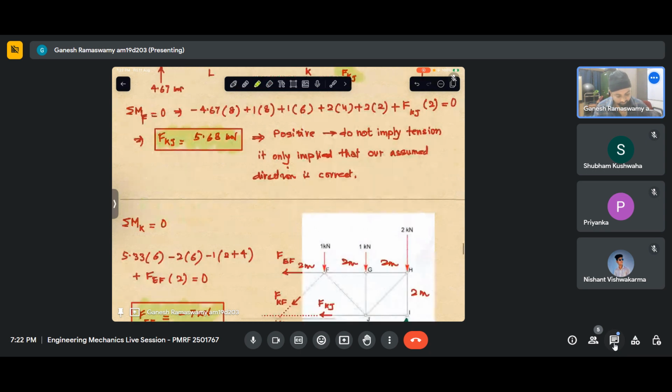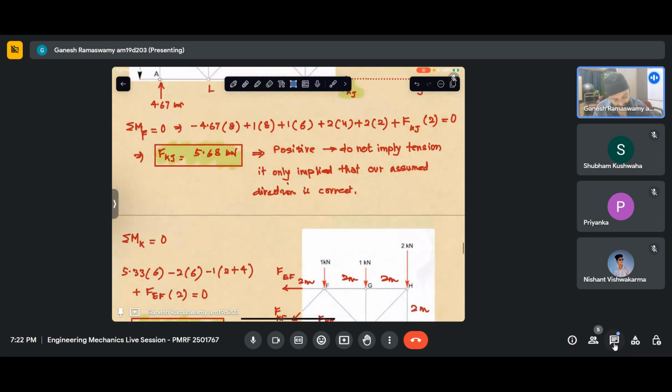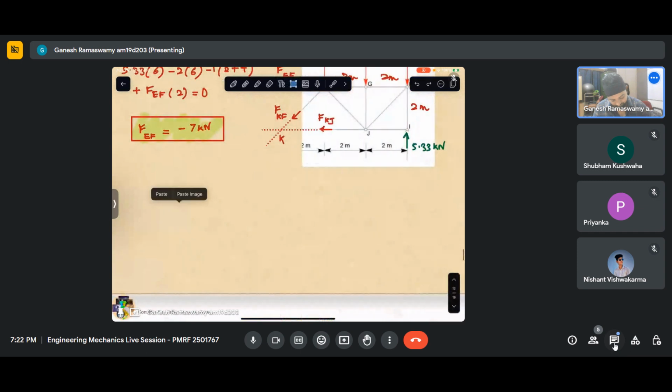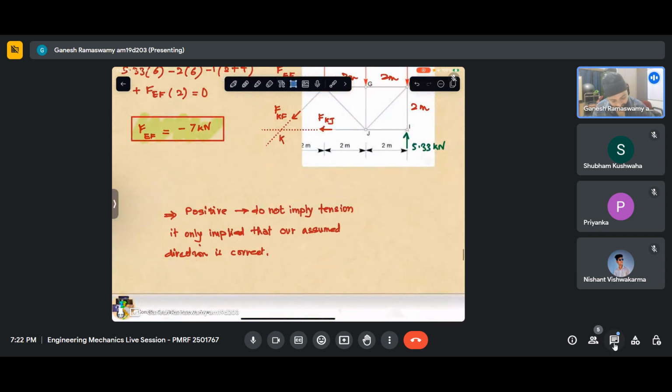So let me copy this again and put it here. So this is negative. This does not imply compression.